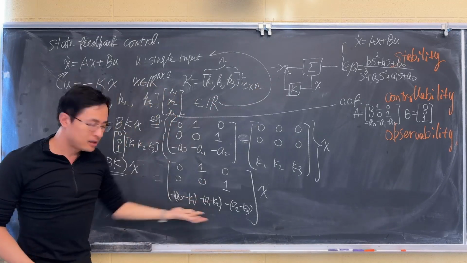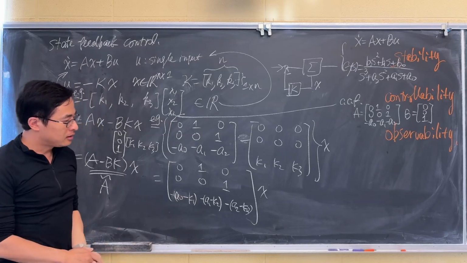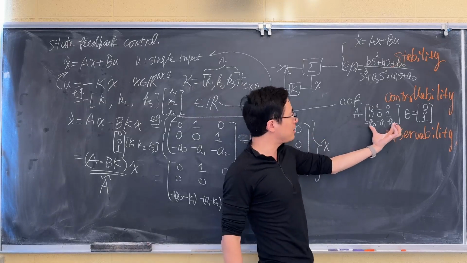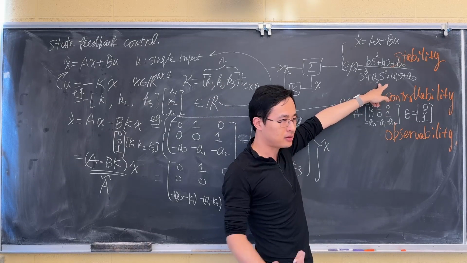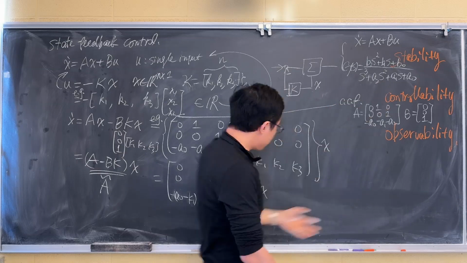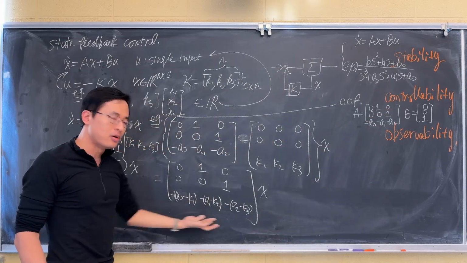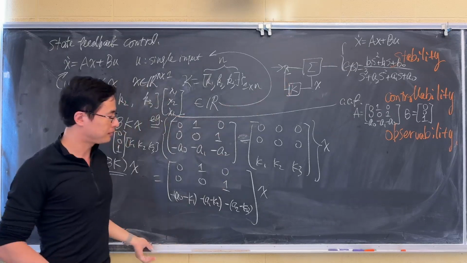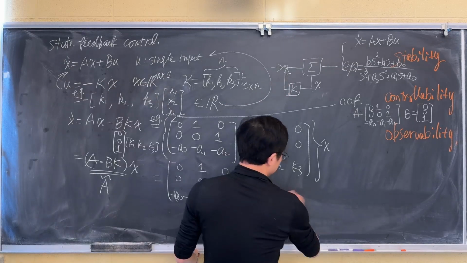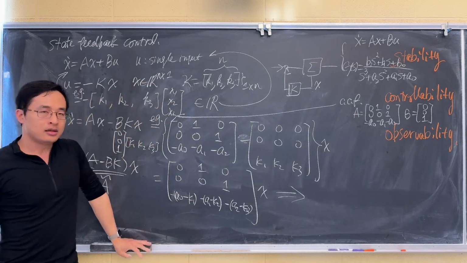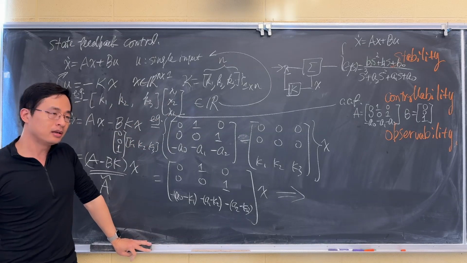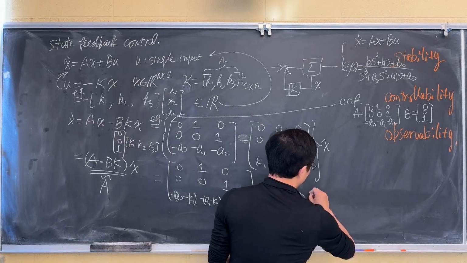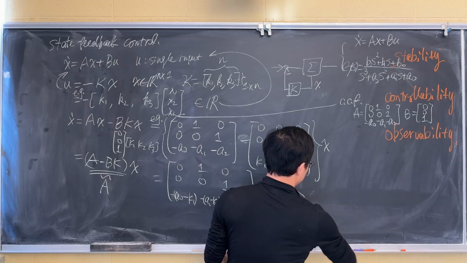For this new system, this is the corresponding A matrix. If the original system is unstable, if these parameters make the denominator of the transfer function have unstable poles, let's take a look at what the poles are for the closed loop system.